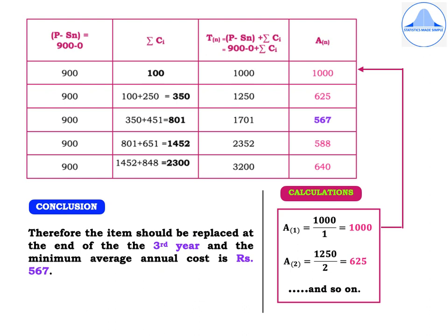Highlight both these values. So I have highlighted the third year and the minimum average annual cost, which is rupees 567 in purple color. Now let's write the conclusion. Therefore the item should be replaced at the end of the third year and the minimum average annual cost is rupees 567. So the word at the end of a particular year is very important.